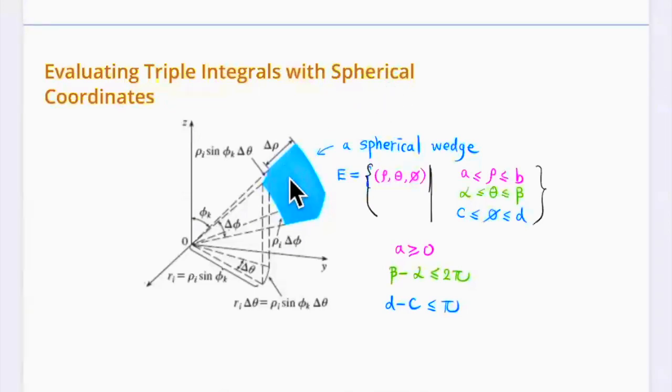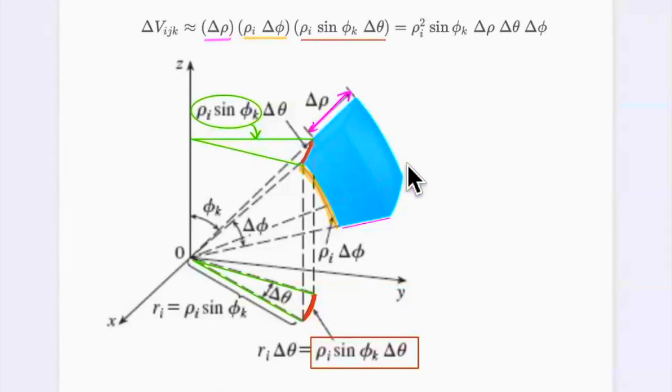We can divide this spherical wedge into smaller spherical wedges, like subwedges, by means of equally spaced spheres rho equal to rho i, half planes theta equal to theta j, and half cones phi equal to phi k. And you look at this figure here, think about this as one of the spherical subwedges.